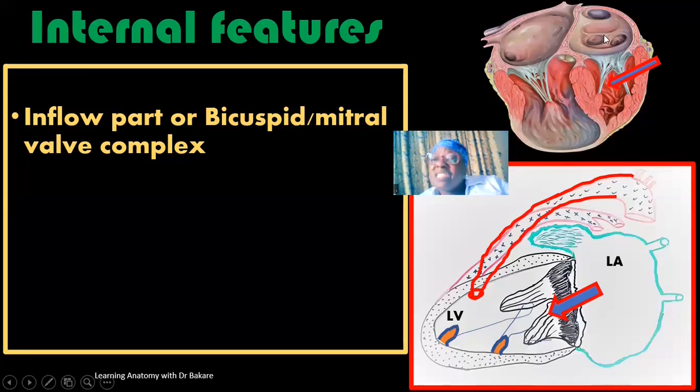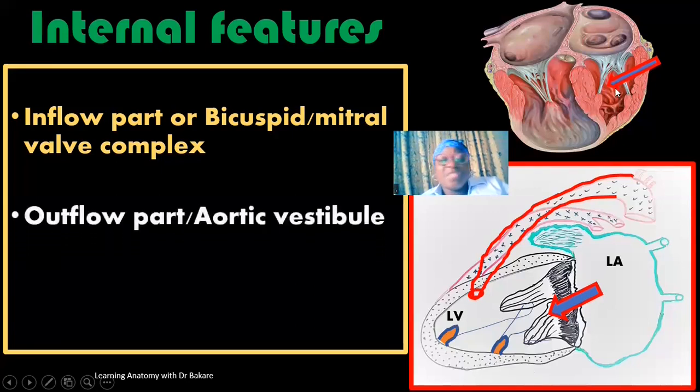So blood that is oxygenated is pushed into this region first, after which we have the second region that is called the outflow part or the aortic vestibule. The outflow part or the aortic vestibule is not shown in this image because it's been chopped off. If you look at this image here, the sternocostal region or the anterior region of the heart is being chopped off so as to expose the internal configuration of the heart.